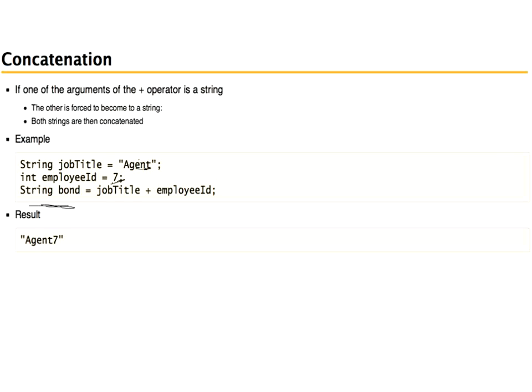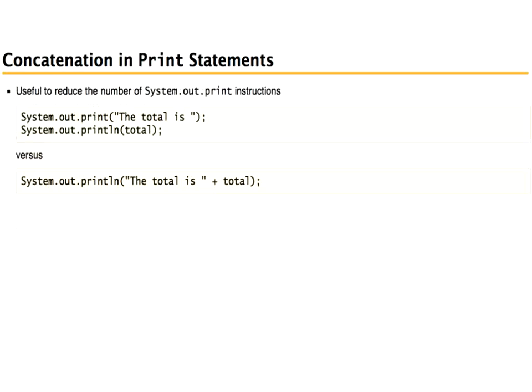So you say string, job title plus employee ID. Now this 7 will become a string inside here. Also, we can format. Okay, no, the format, as I said to you, the print format for the string is %s.